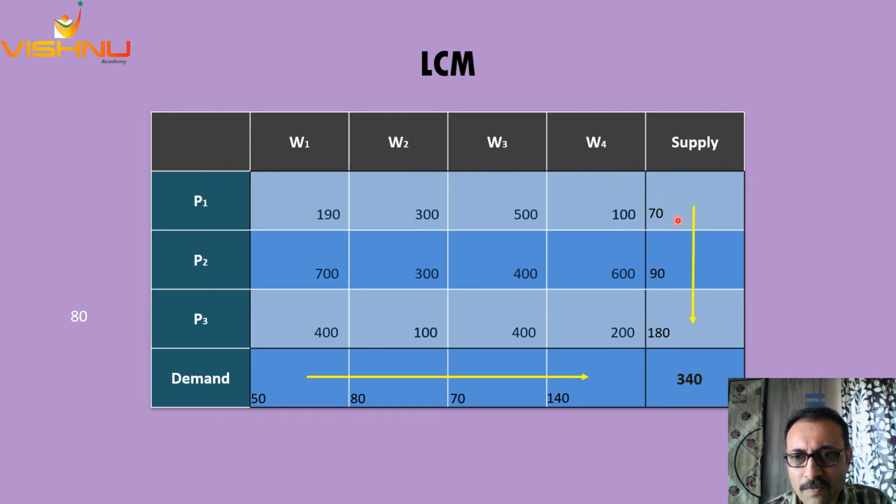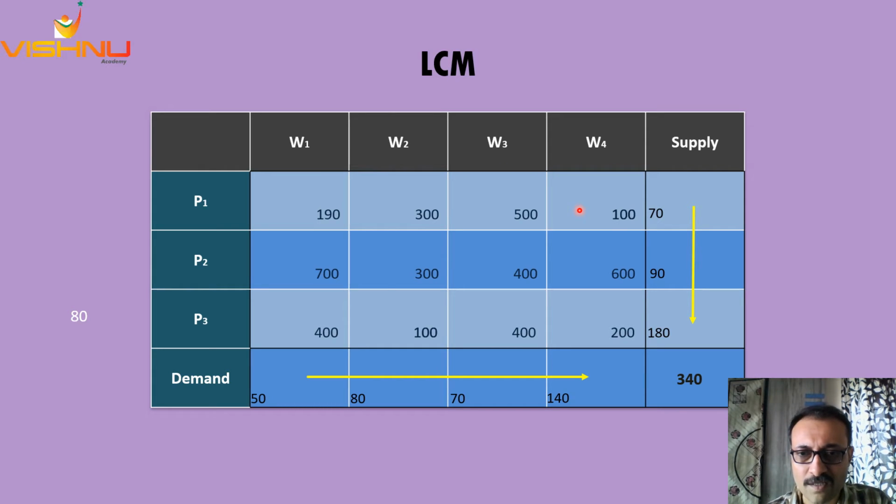A maximum of not more than 70 is possible according to the row total, even though we could exceed 70 looking at the column total. So considering both these aspects, a maximum of 70 is possible to be allocated to this cell, that is P1W4.